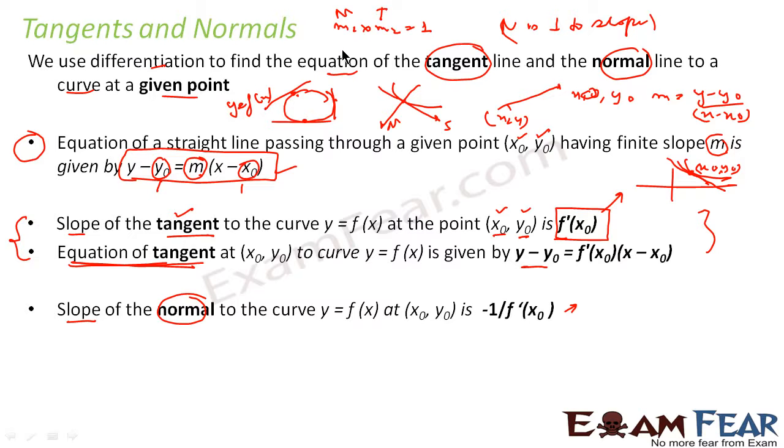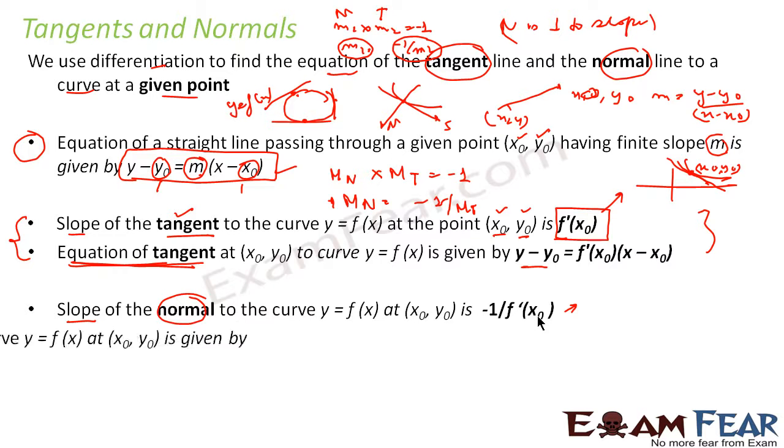So m1 is nothing but minus 1 by m2. Correct? Slope of normal is nothing but minus 1 by slope of tangent. See, the slope of normal into the slope of tangent is minus 1 because they are perpendicular. So the slope of normal is minus 1 by slope of tangent, and that is nothing but minus 1 by f dash x0.